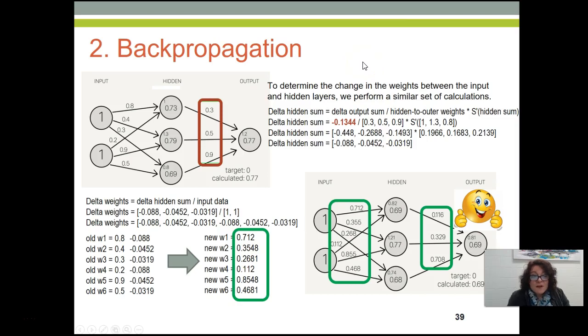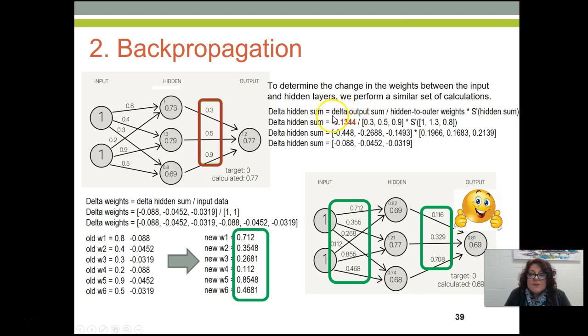But we're not done with our backpropagation just yet, because we still have to adjust the weights between our input layer and our hidden layer, which means we have to recalculate the sum here and then also the output of our sigmoid function. To do this, we will follow pretty much the same procedure as we did before by applying the derivative of the sigmoid function, this time to the hidden sum. Previously, we did that to the 1.235.